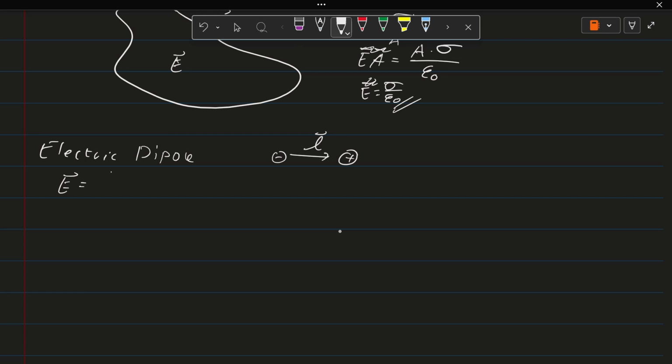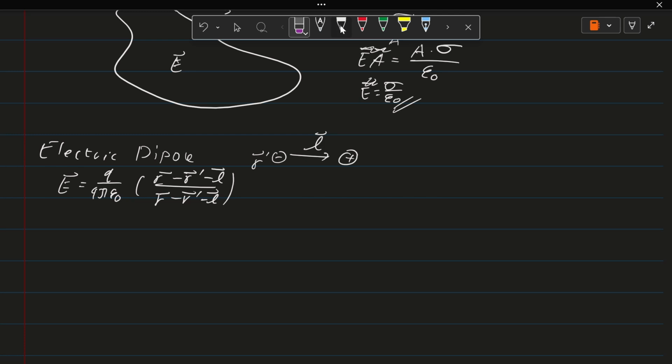You could just do it using Coulomb's law, which will be r vector minus r vector prime minus L vector over the length of r vector minus r vector prime minus L vector cubed. Here r vector is your position vector, and r prime is the direction towards the negative charge.